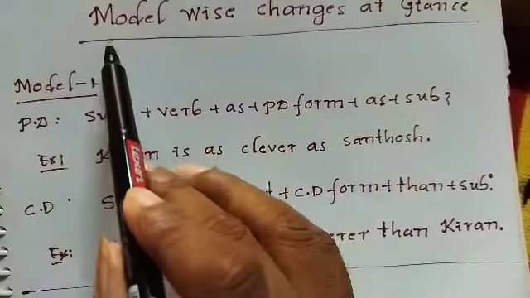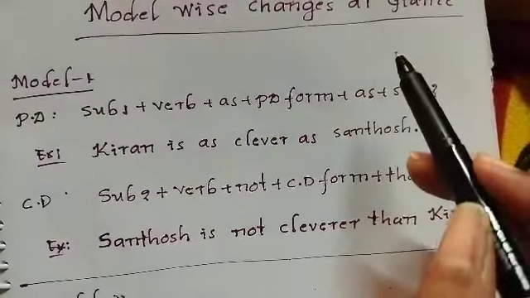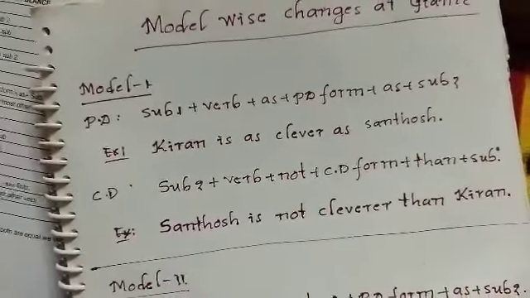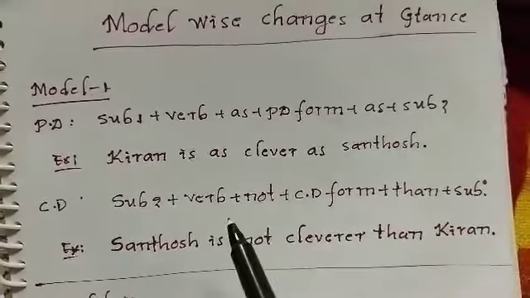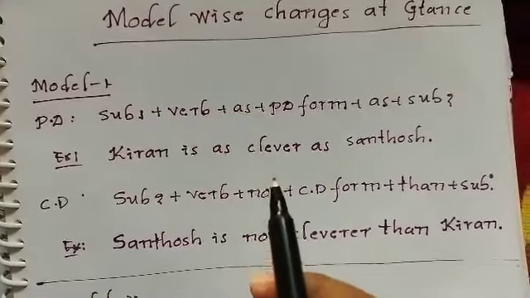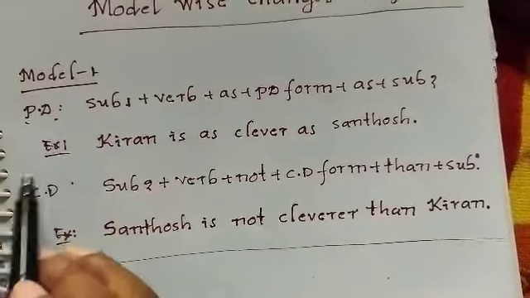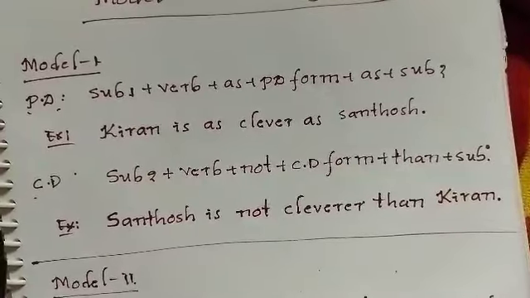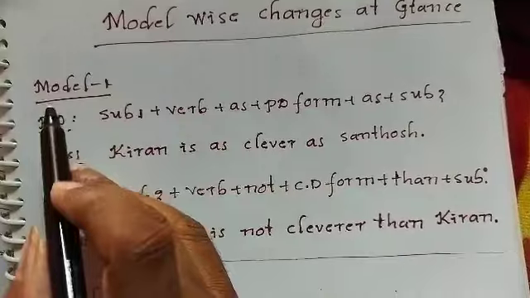See, model-wise changes at a glance. Before, we discussed what positive degree, comparative degree and superlative degree are. PD is known as positive degree, CD is known as comparative degree, SD is known as superlative degree. Here we have 5 models.